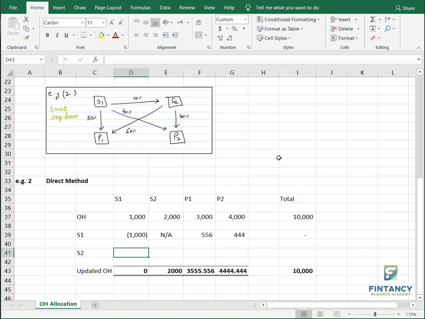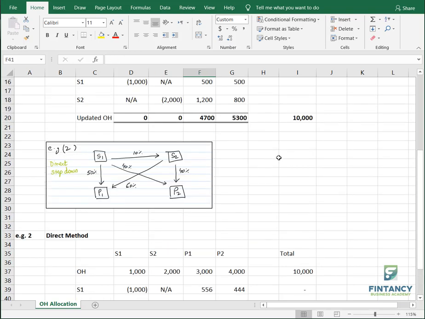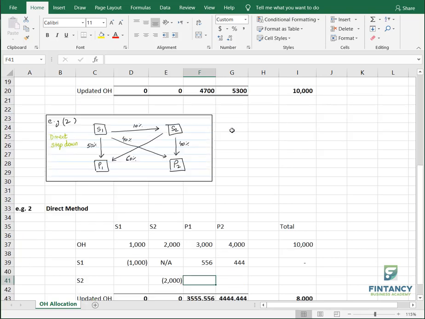Now see, if you talk about S2, how much is S2? It was 2000, right? So this is simple like before, because there is no problem here, because S2 is giving 60% to P1 and 40% to P2. So very simple, like before, we can take the same answers, 1200 and 800.